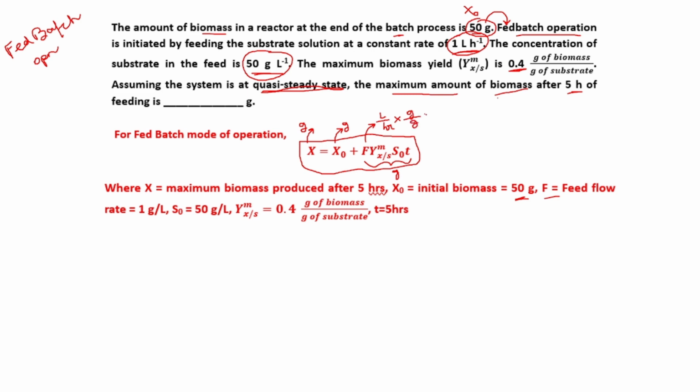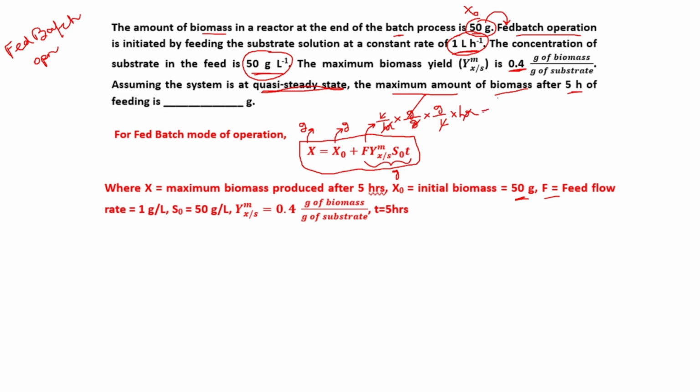The unit of S0, substrate concentration, is grams per liter, and the unit of time is hour. So the grams get cancelled, the hour gets cancelled, and the liter gets cancelled. So the final unit is grams.